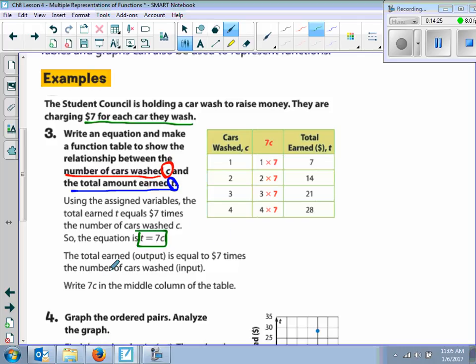So now we're going to create a function table to show that data. Now, remember with the function table, you can choose any numbers you want to. But let me ask you this. In this particular problem, would I use 1.5?